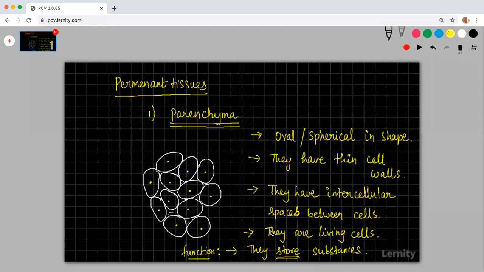Isodiametric cells are found only in meristematic cells. Here some of them will be big, some small. They need not have a fixed shape. They are not isodiametric.